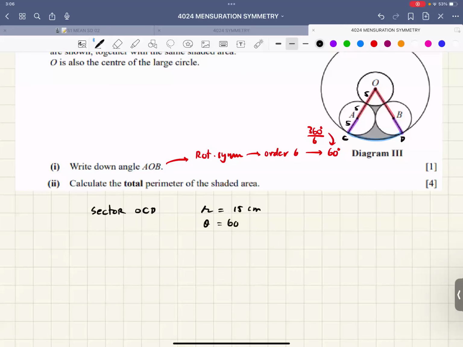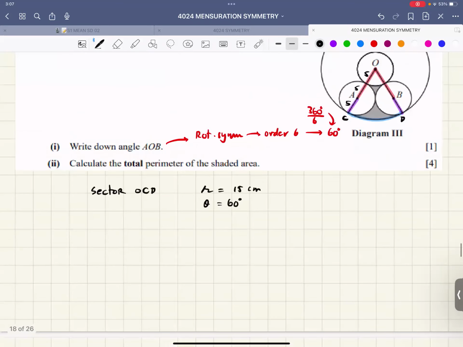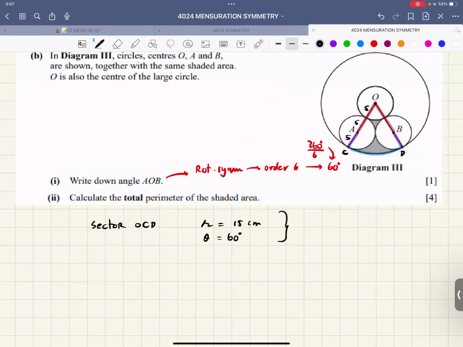Angle is 60 degrees. And we are interested in the perimeter. So perimeter is arc length CD.